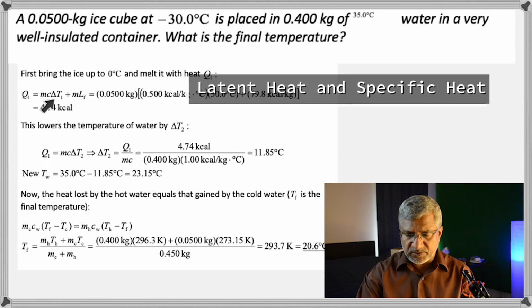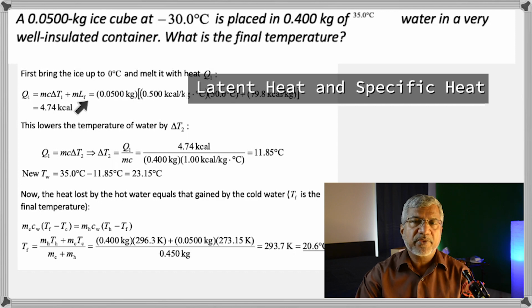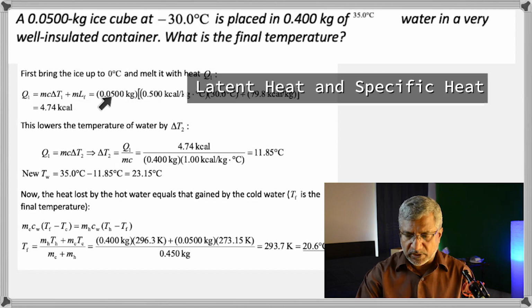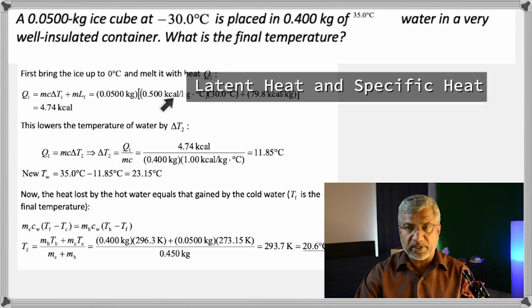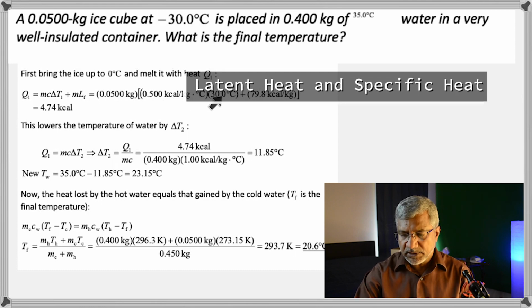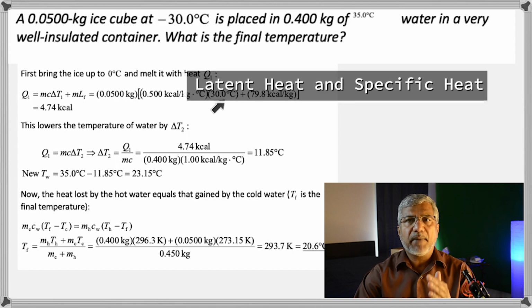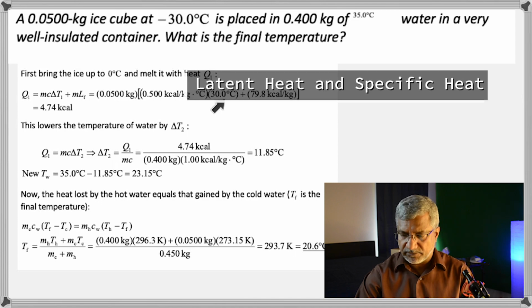So you have m c delta T1 plus m L_F. The sub F stands for fusion, which means melting. So that's the mass of ice. This is the specific heat of ice, which is 0.5 kilocalorie per kilogram per degree. So remember, it's half of that of water anyway. Change in temperature is 30. Why? Because it's 0 minus minus 30, which is 30.